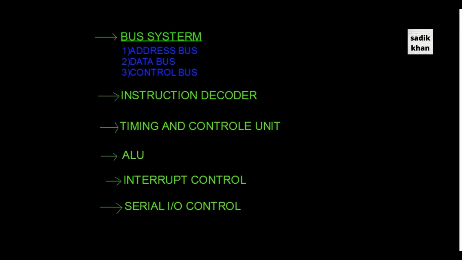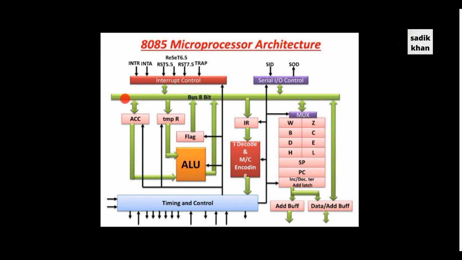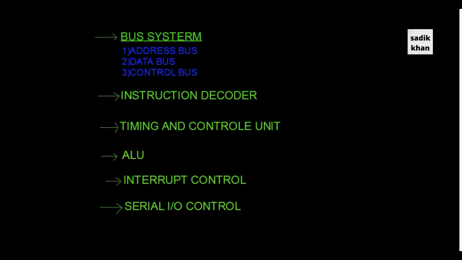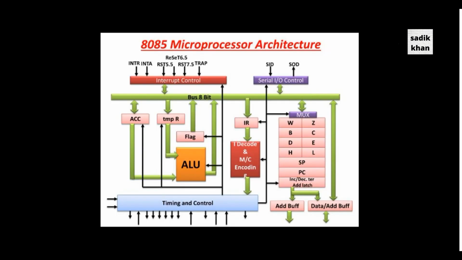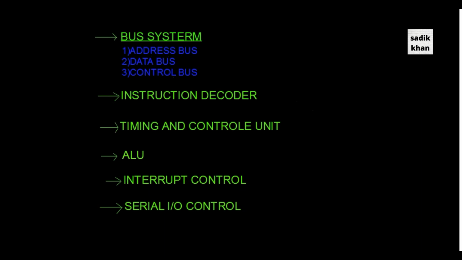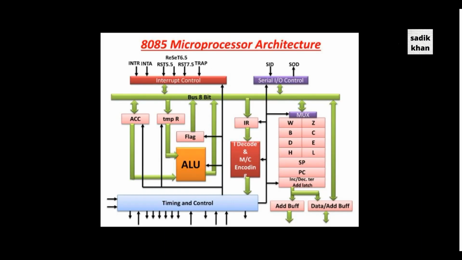Next, the bus system: we can see here these are all buses. We can see in the internal architecture these are all buses. Now next, the instruction decoder. The instruction decoder is here. And the timing and control unit is here.